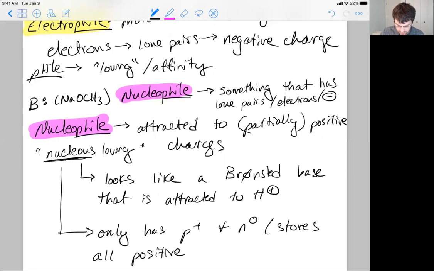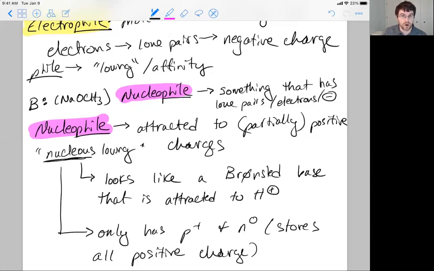The positive charge of an atom is in its nucleus. We don't have elements that exist without protons. So the thing that loves positive charge is the nucleophile. It loves the nucleus.